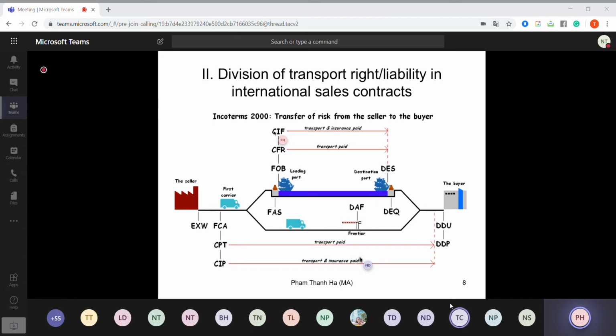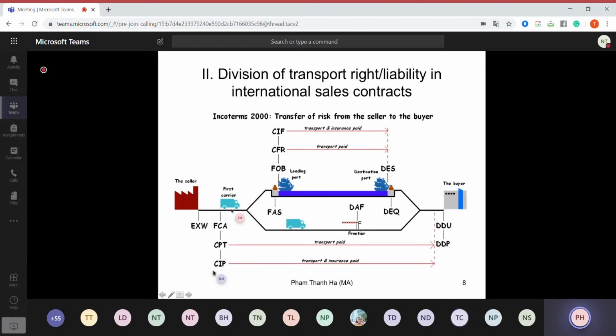From that very important difference between the CIP and CIF, of course you can lead to the other differences, like the point to transfer the risks. If you take a look at the CIF, of course you need to clarify the port of loading and port of discharge. But for the CIP, we use other kinds of transportation modes, and of course this is the point to transfer the risks, and up to here is the point to transfer the cost, right? But if you remember, for the CIP we can also use sea freight or maritime transport.